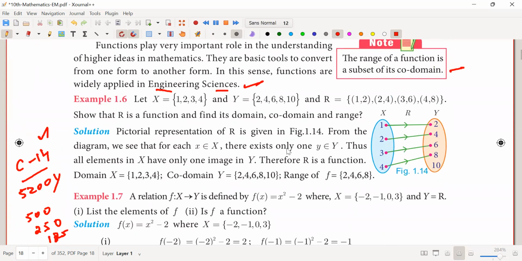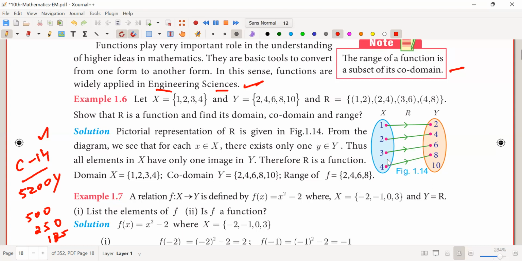X is 1, 2, 3, 4 and Y is 2, 4, 6, 8. The range is 1, 2, 2, 4, 3, 6, 4, 8. They have already given the data. How the function is related, they didn't give. They just gave the data. Show that R is a function and find its domain, codomain, and range.